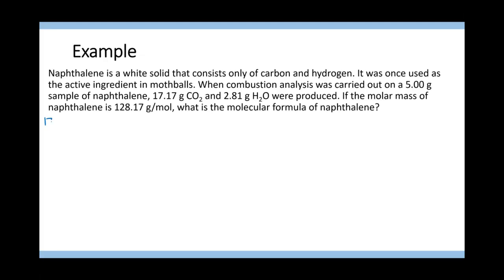We have 17.17 grams of CO2. This is the information we start with to find the mass of carbon reacted. So we convert to moles of CO2, using the molar mass of carbon dioxide, which we find by adding the molar mass of carbon and the molar mass of oxygen times 2.